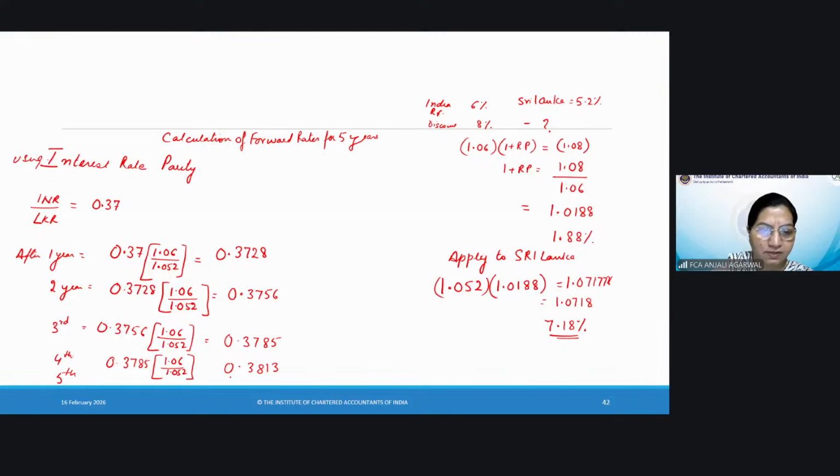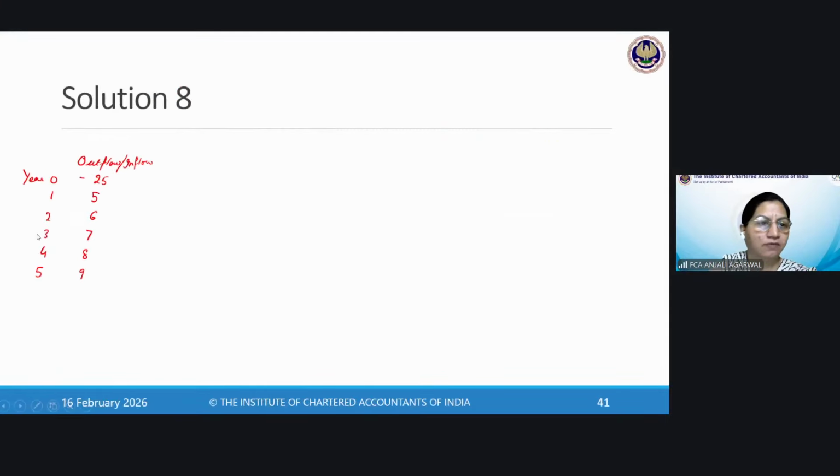So this is again 0.3842. So you will use these 5 rates to convert the inflows when you are doing it in home currency.